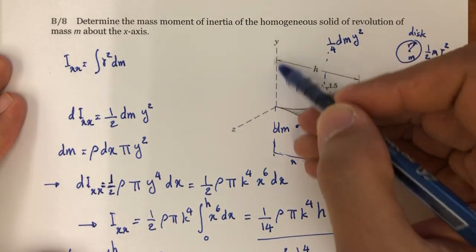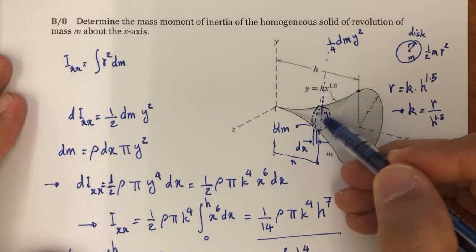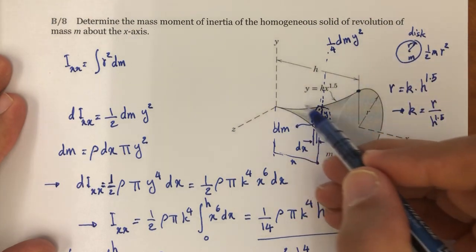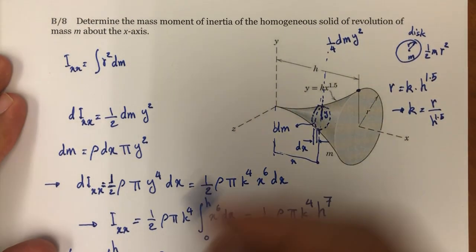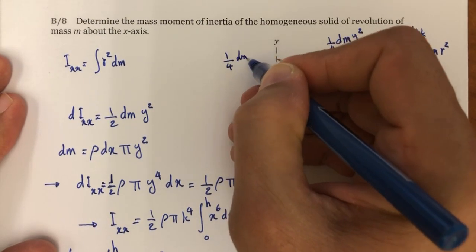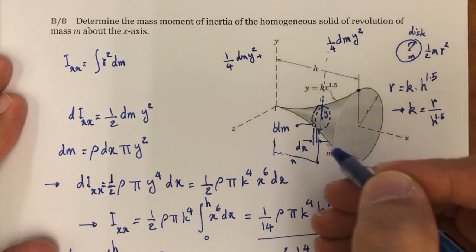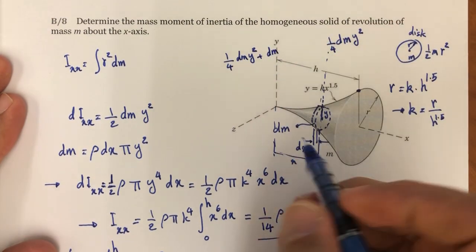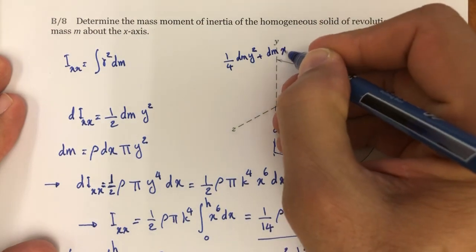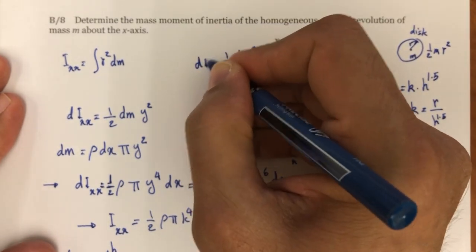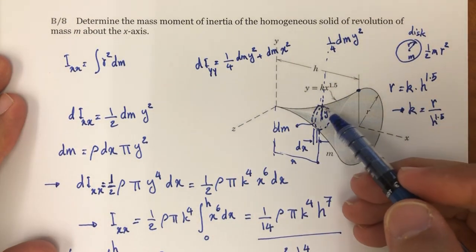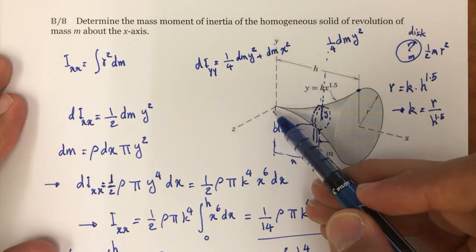So I about this axis of this tiny disk is going to be this I plus the mass times distance squared, which is x. So I about this axis is going to be 1/4 times dm times y squared plus mass, which is dm, times the distance squared between the axes, which is x. This is dIy, the mass moment of inertia of my element about y-axis.